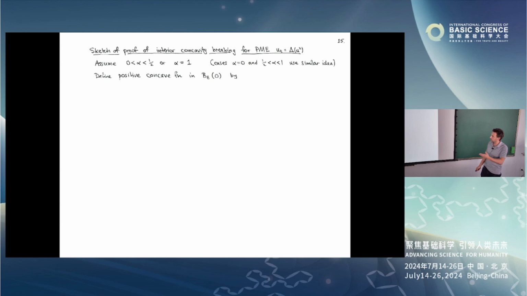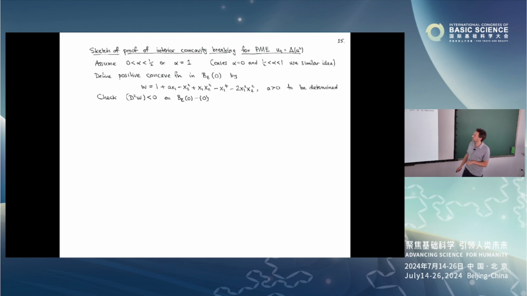So the idea, again, is very simple. For our example, you write down a fourth order polynomial, and this is the polynomial we take, where here a is a positive constant to be determined. And then one can check, this is a short calculation, that this D squared of w is negative, and therefore this is a strictly concave function away from the origin.